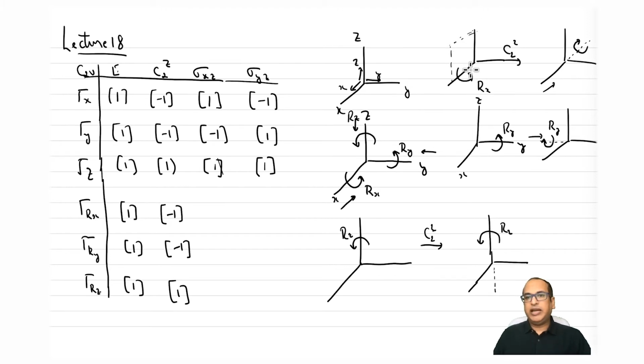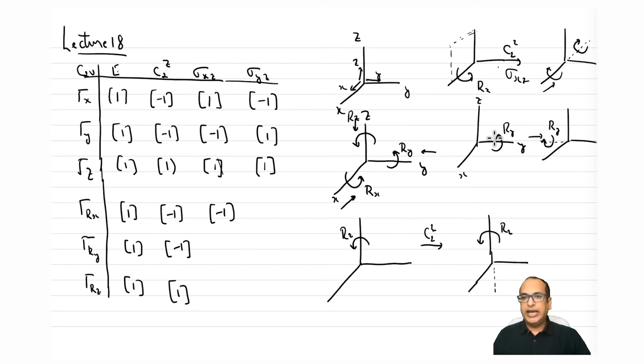So if I'm reflecting anything which is crossing this plane, the vector will turn its direction, right? If we do sigma xz, Rx will change its direction and it will now appear as moving clockwise. So that would mean that it takes -1 as the matrix here.